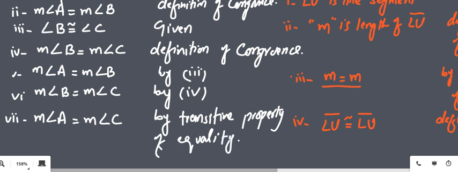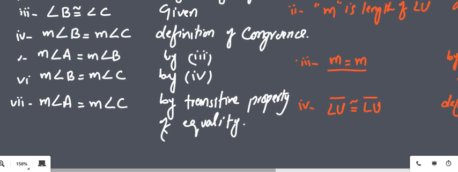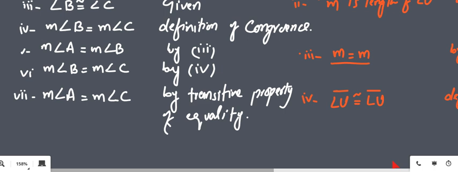Is it clear? Because in equality, the transitive property holds, so I can write it. Clear?